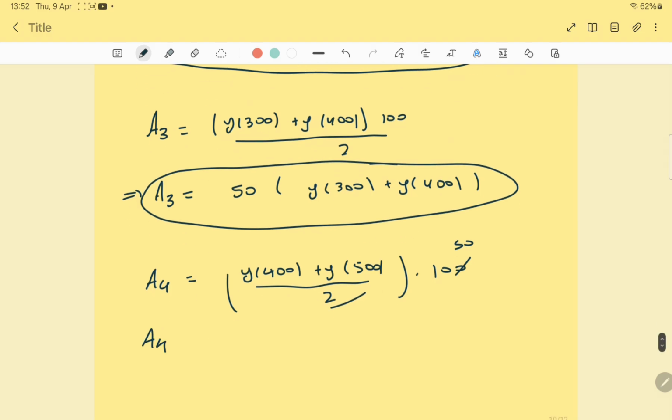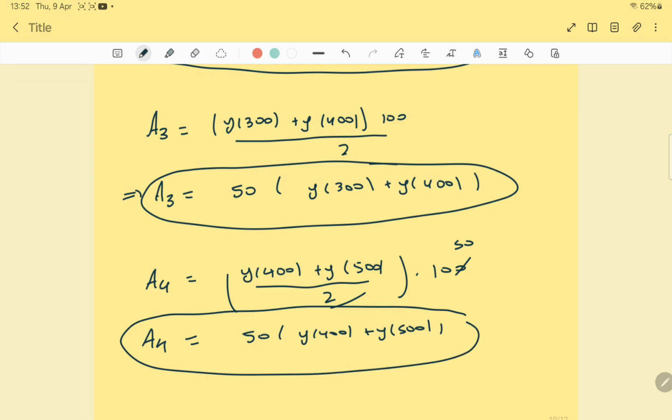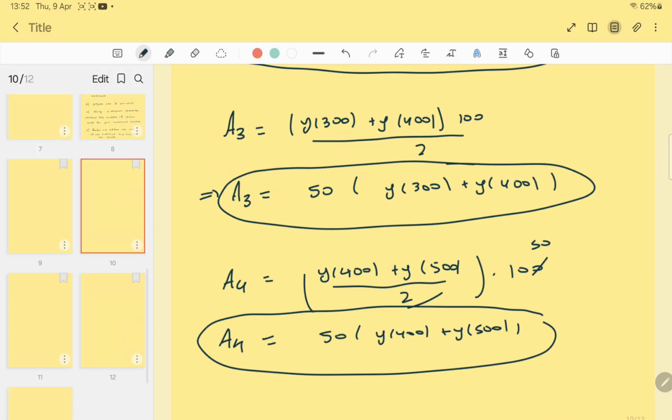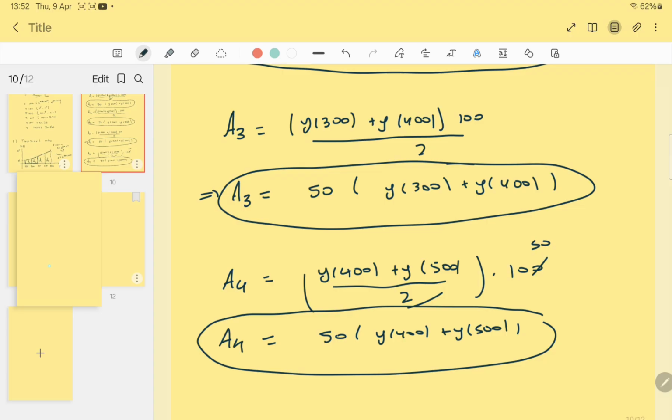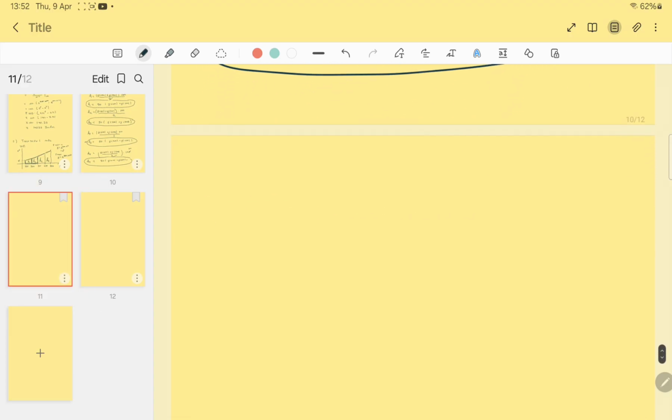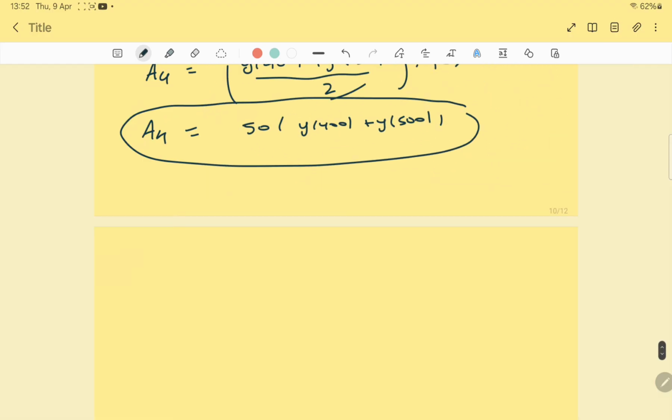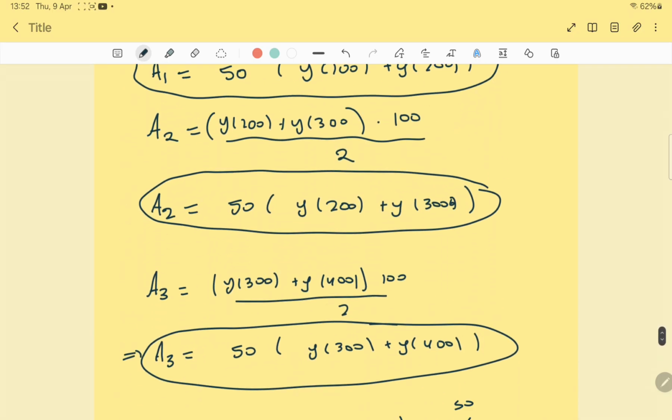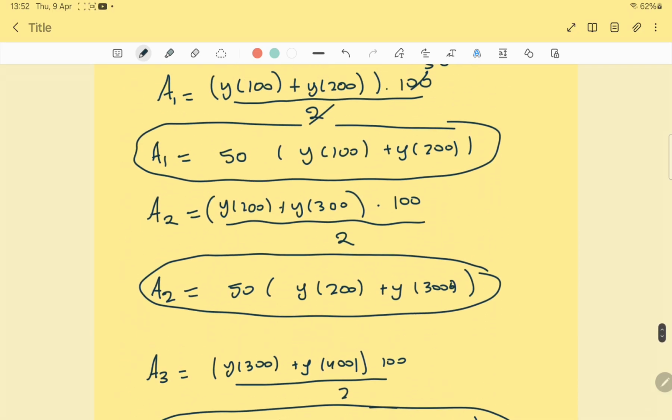So A4 is going to be 50 times y 400 plus y 500. You have to calculate each one of these.